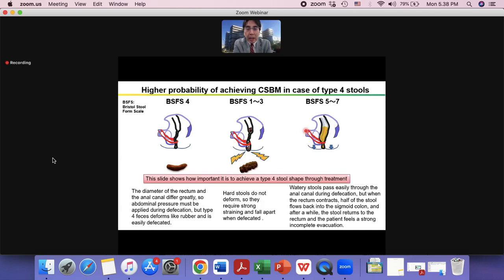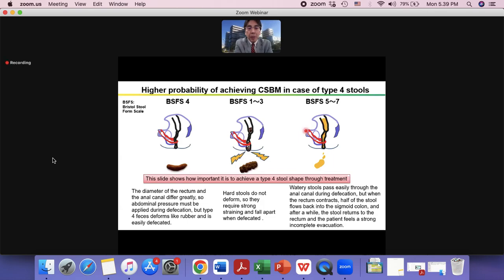So everybody thinks this is no problem, but this is a serious problem for the patient. During defecation, when the rectum contracts, half of the stool flows back into the sigmoid colon. Half of it is defecated, but half flows back to the sigmoid colon.